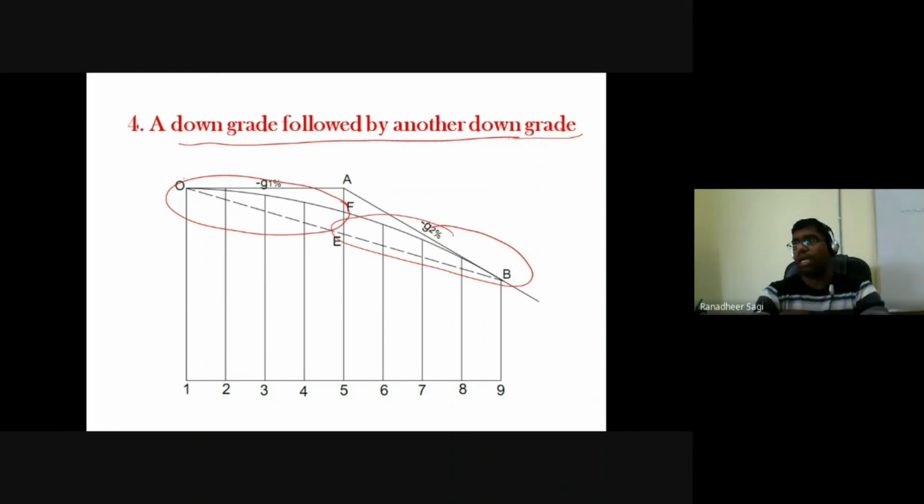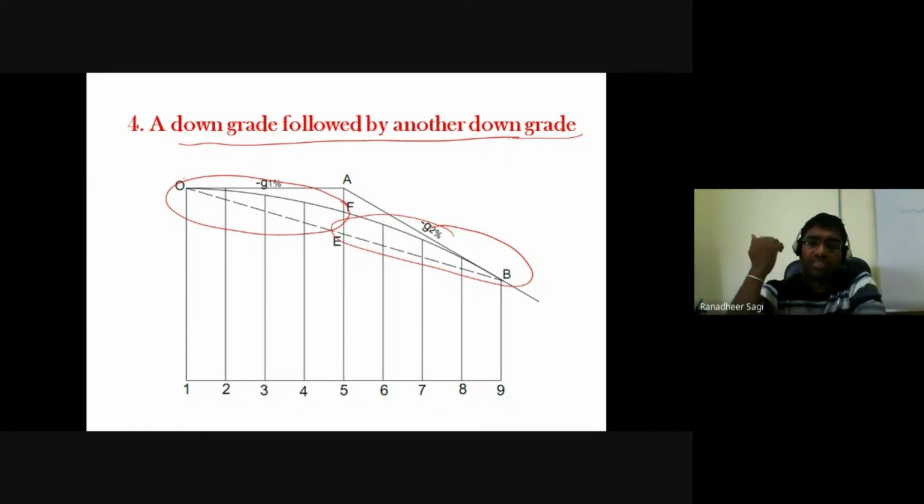This concept of curves is very important whenever you are talking about route surveys. Route surveys are when you are required to carry out a survey for the alignment of a road, a railway track, a canal, or any channel, whatever you want to take from one point to the other with the least difficulty.